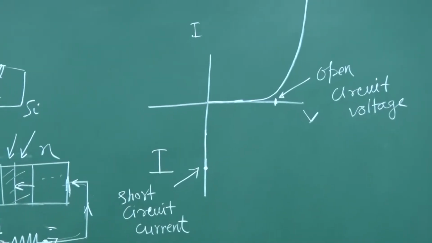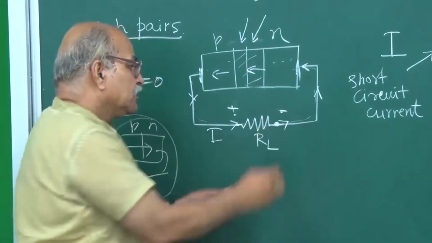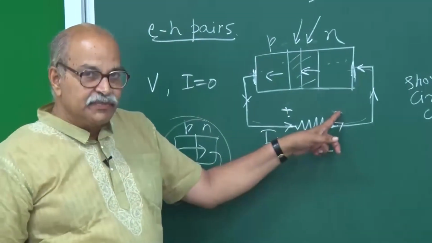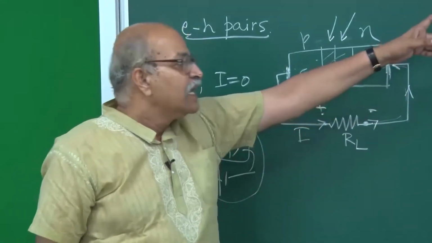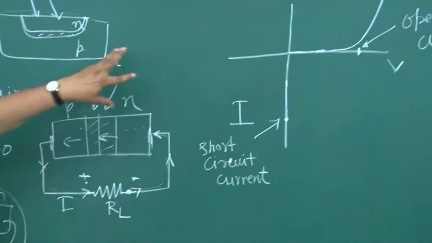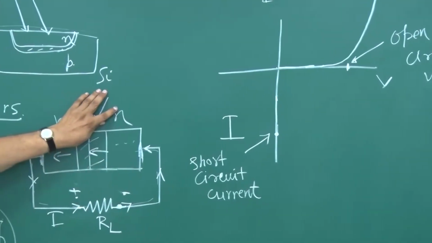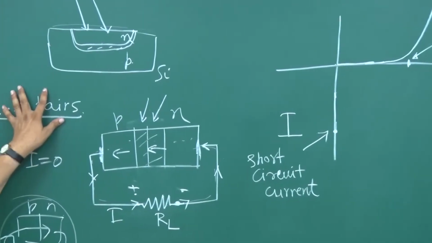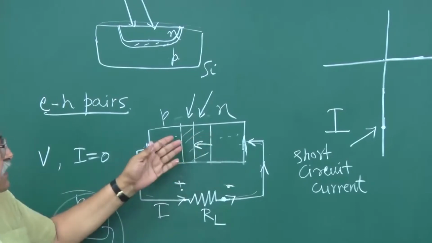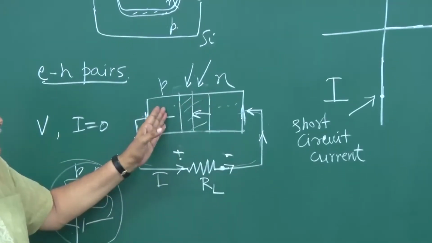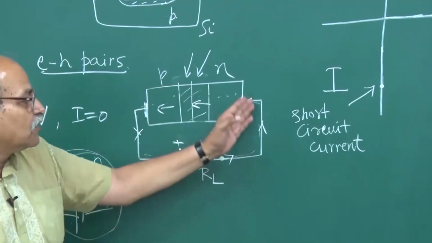Now, if I am putting this RL and this side is becoming at higher potential and this side is becoming at lower potential, then I am doing some kind of forward biasing, and this kind of current will be superimposed on that photo current. Because of this light, because of this EH pair production here, and because of this internal field which is drifting electrons this side and holes this side, you have a current which you can call photo current.